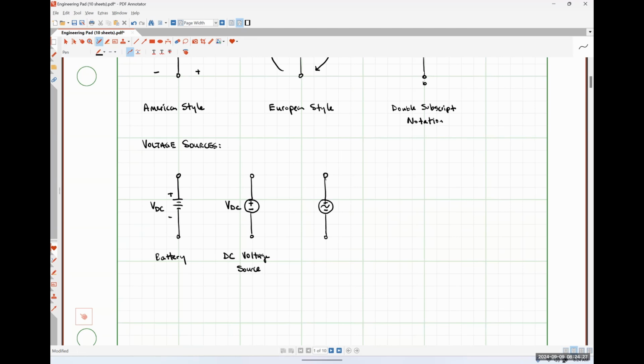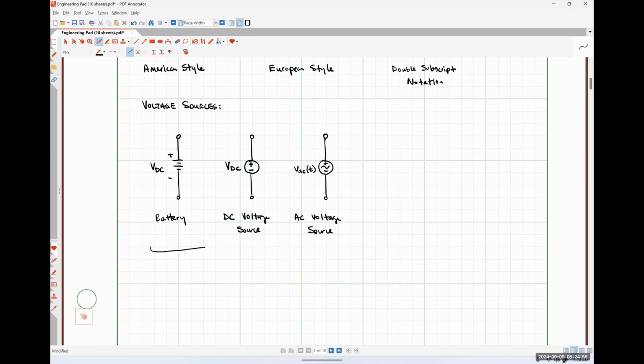Okay. So for my magnitude, I'm going to have lowercase v, lowercase ac, and that will specifically also say that it's a function of time so that we know that things are changing, like so. So this is our symbol for an AC voltage source.